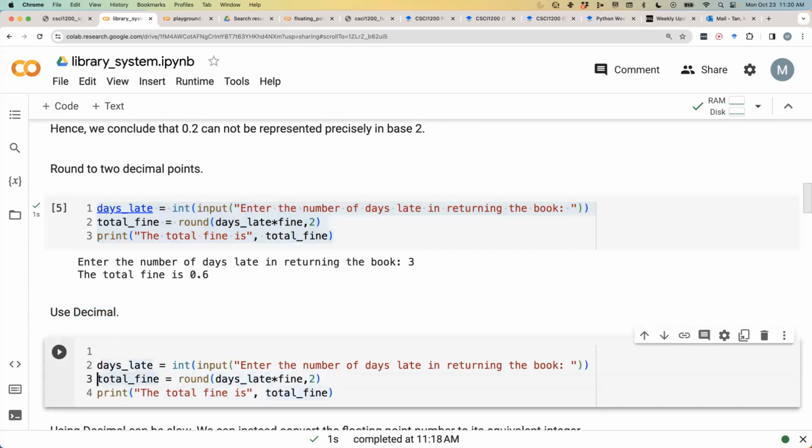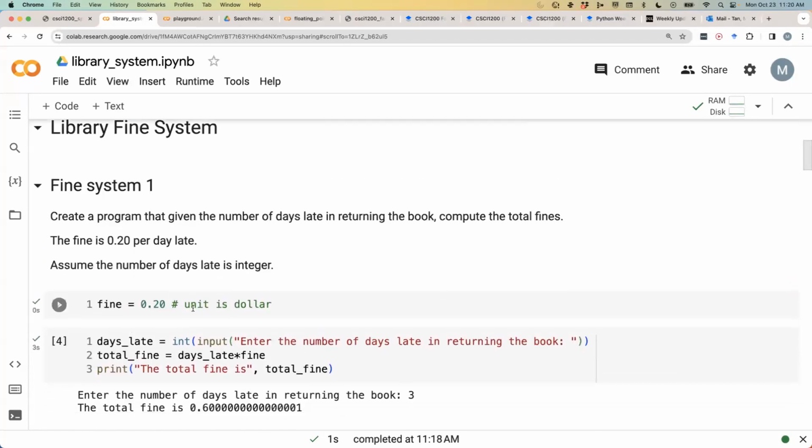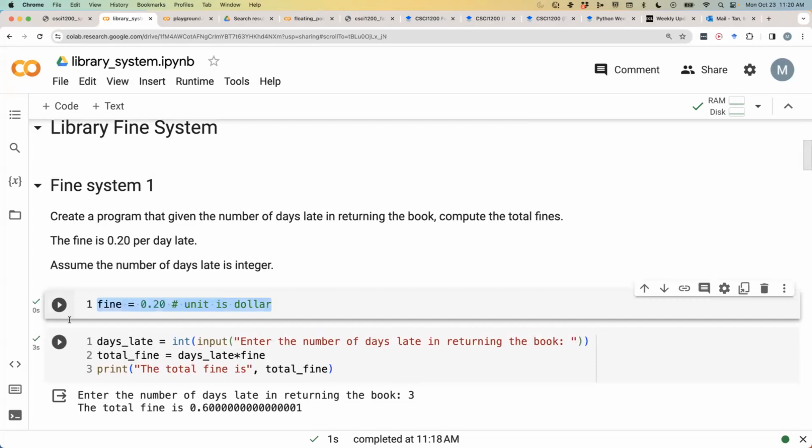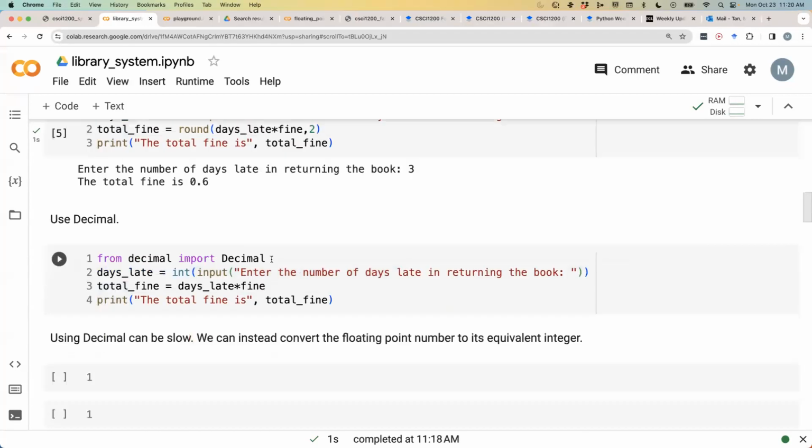Okay, so we're going to import the library decimal, and we import the type called Decimal. It's an object type. Okay, so now my fine is no longer defined as a floating point number.